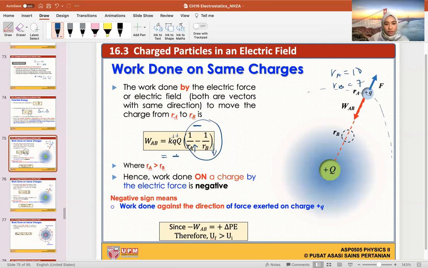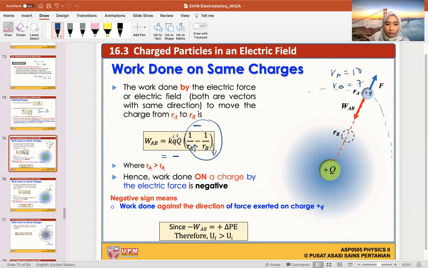Okay, so what is the trick here? The trick is remembering the equation for work done by the electric field on the charge and knowing if RA is greater than RB or if RB is greater than RA. That's it. You just have to know if RA is greater than RB, then just use math.